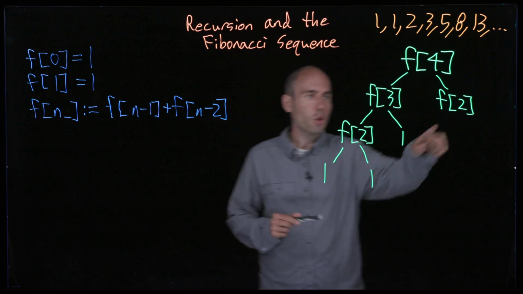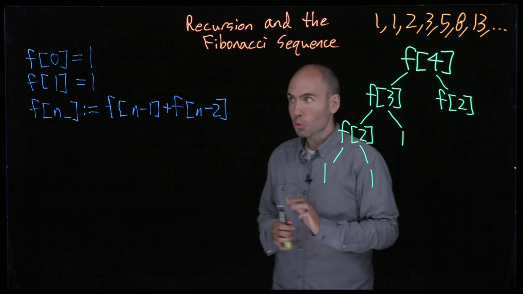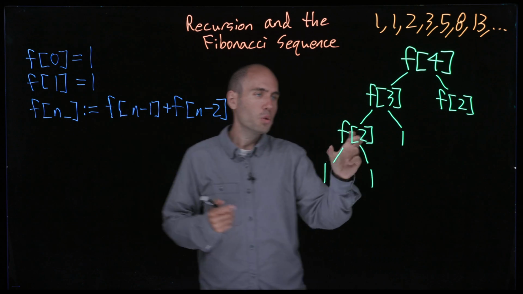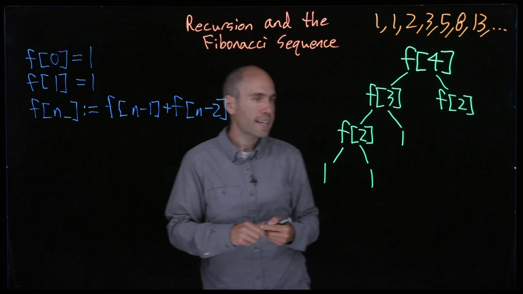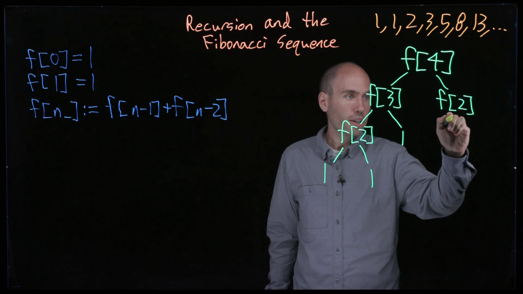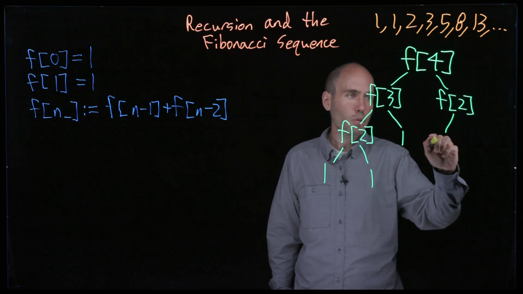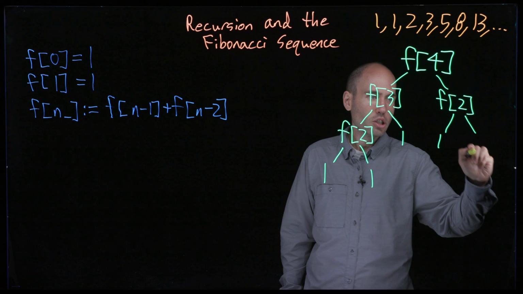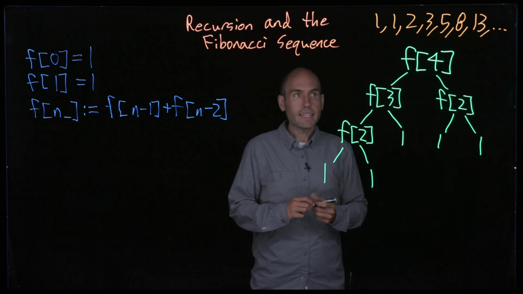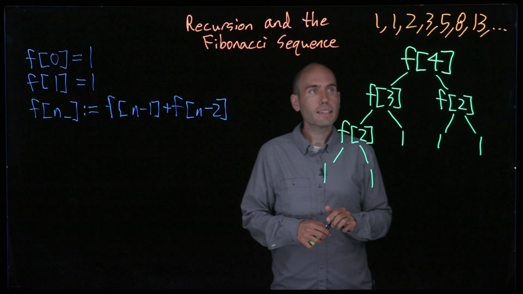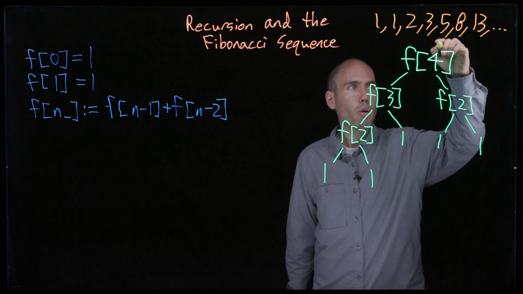And so you might think, okay, I can just write this equals 2. But that's not how computers work. They don't know to remember this value here, at least not the way I have it written down. So instead, we're going to have a lot of redundancy. So this, it's going to be f bracket 1 plus f bracket 0. So it has to repeat this part. And if I want to instead compute f bracket 5, okay, then what would I get?